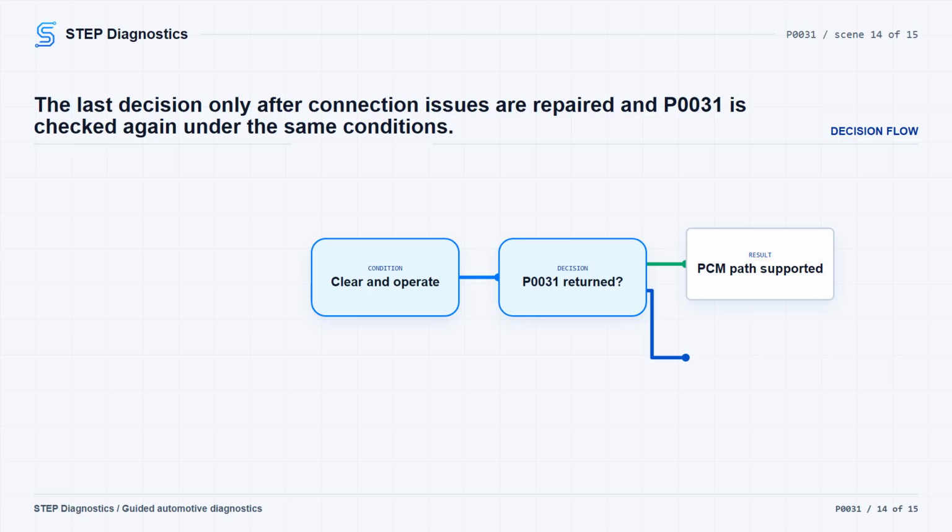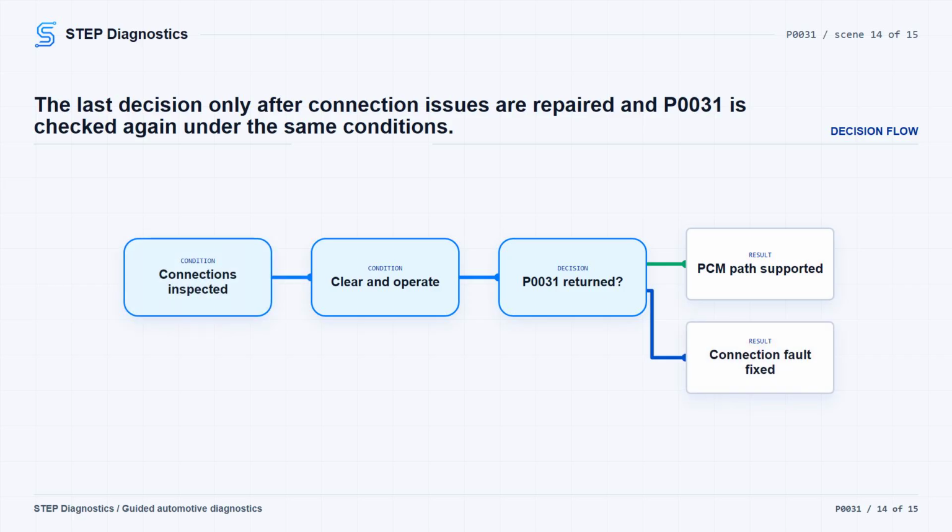Erase the DTCs, operate the vehicle under the captured operating conditions, and read the codes again. If P0031 returns after that connection work, the path supports replacing and programming the PCM, then verifying the repair. If P0031 does not return, the wiring or poor connection problem has been repaired, and the repair still needs to be verified.